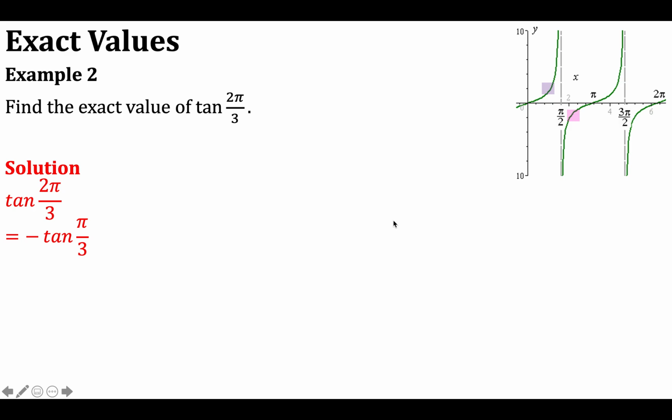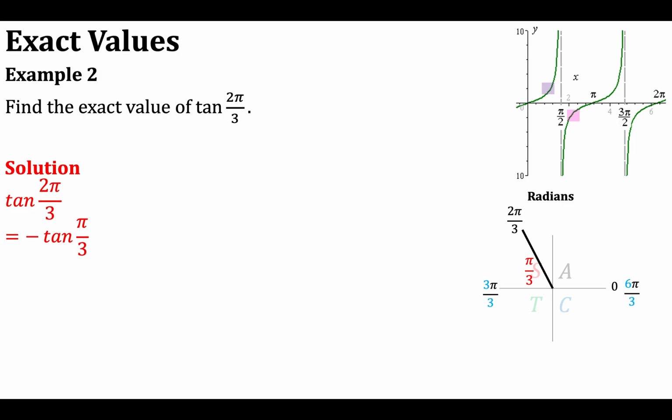So you might be able to see that from the graph, and if not, you can use the cast diagram method as well. So again, I've expressed pi and 2 pi in terms of the pi over 3s. So again, that's why we were counting in increments of pi over 3s before in a previous video. So 2 pi over 3, starting at 0, comes to about here. So 2 pi over 3 away from the horizontal is pi over 3.